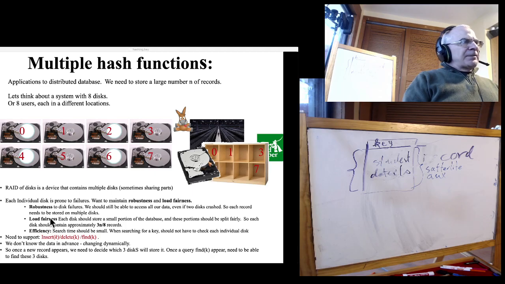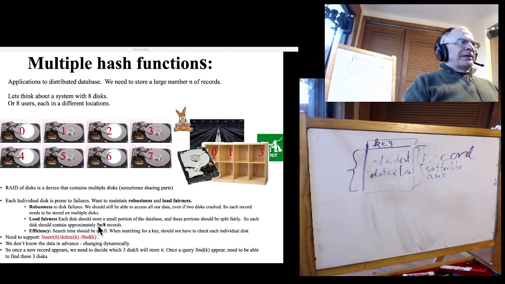Now, at the same time, I want to have load fairness. The number of records that I'm going to store is going to be quite large. If I don't care about redundancy or robustness, then each record will be only on 1 hard drive, so each hard drive stores n/8.